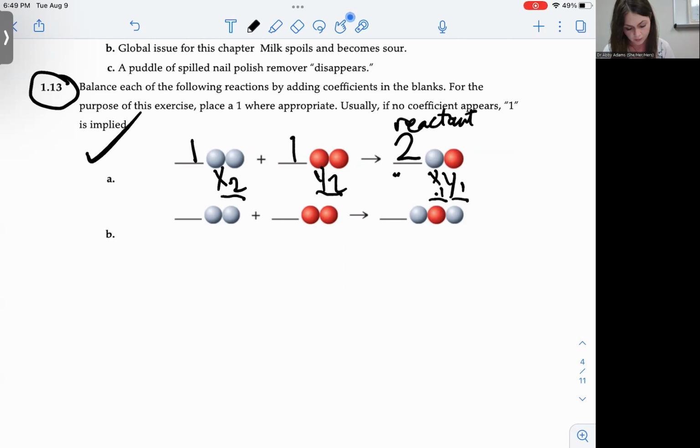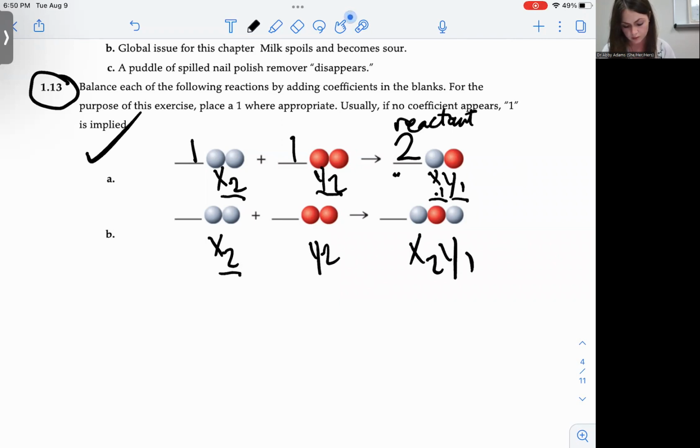B. Is this balanced? Here we have X2, Y2, and here we have X2, Y1. Is this balanced? Probably not. So why is it not balanced? Let's look at it. We have 2 X's.